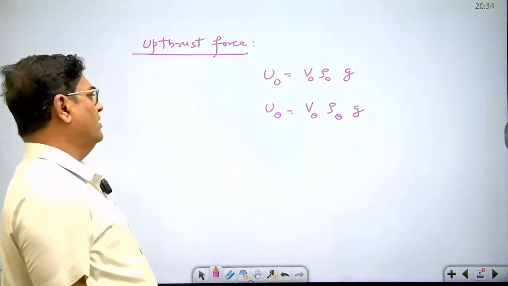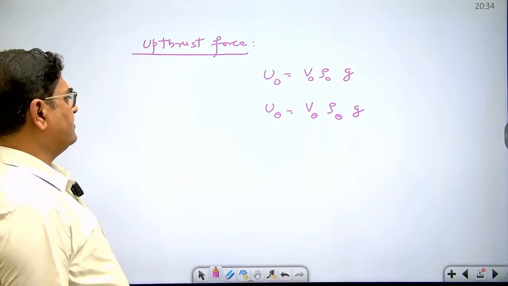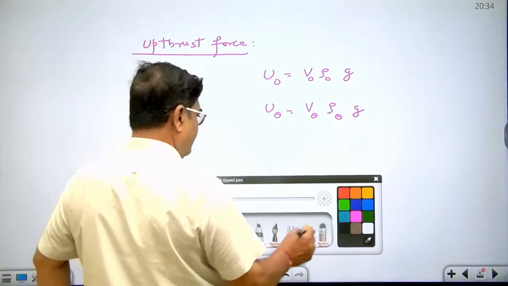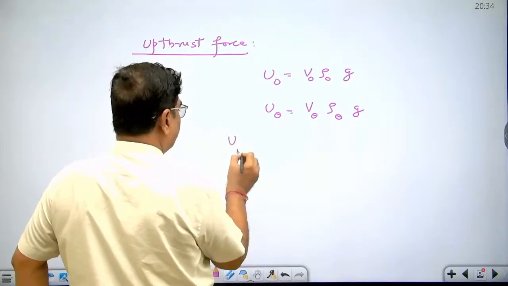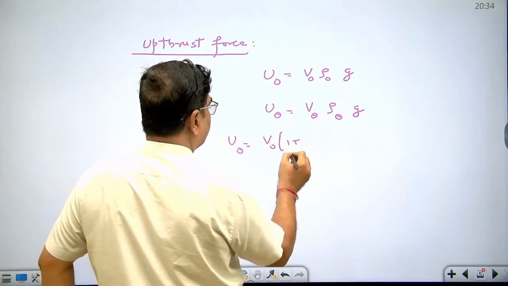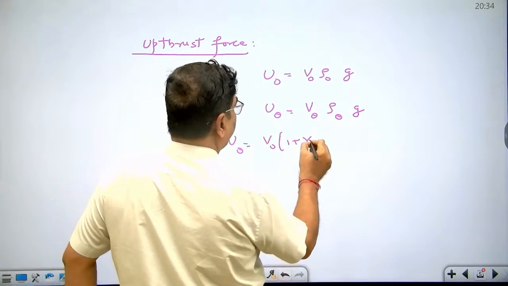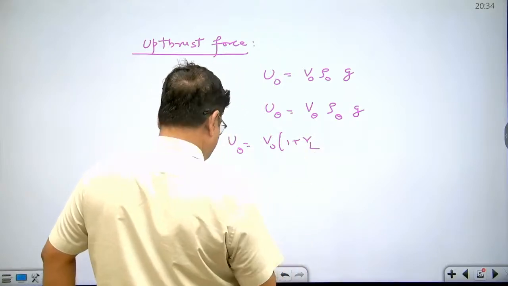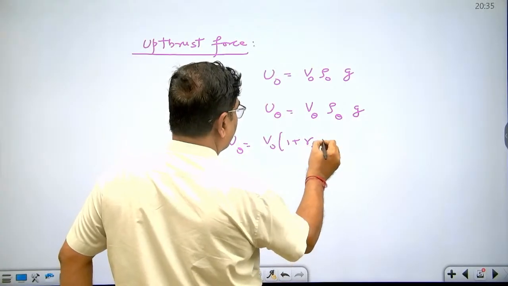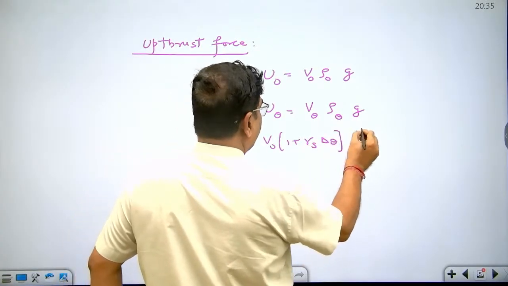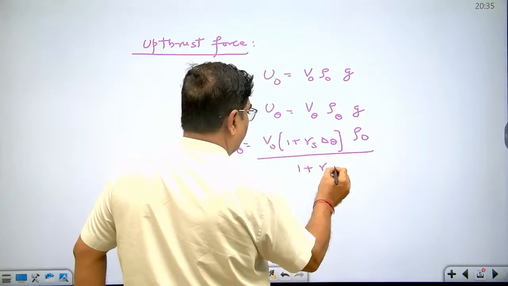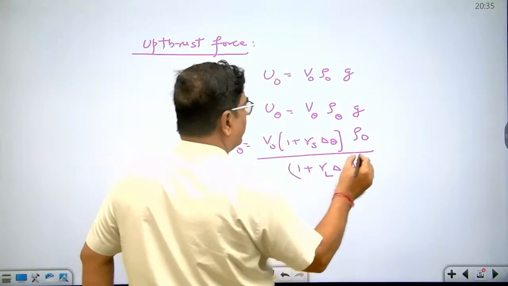Okay. So dear student, what is the volume of liquid displaced by solid at theta degree centigrade? We can write, this is V0 times 1 plus gamma S delta theta, and density of liquid at theta degree centigrade equals density of liquid at 0 degree centigrade divided by 1 plus gamma L delta theta, times g.